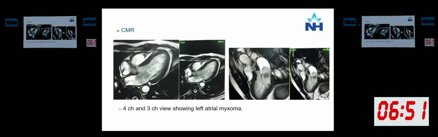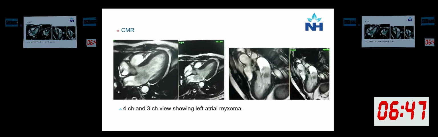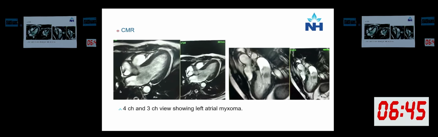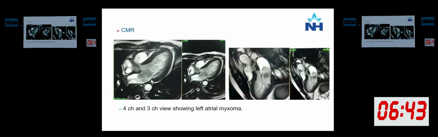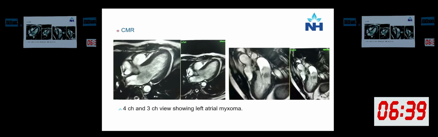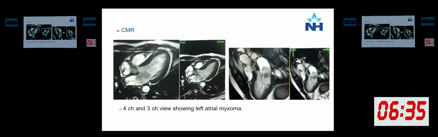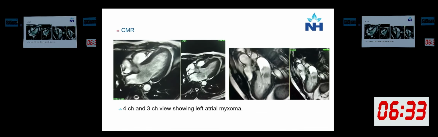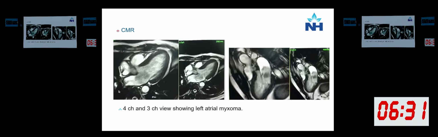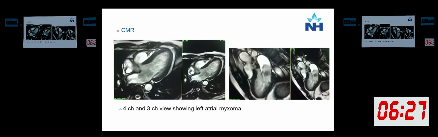The CMR also revealed pretty similar findings. It was a similar interatrial septal sessile mass, highly mobile and protruding into the LV through the mitral annulus during cardiac motion, on the four chamber view and also the three chamber view, with a similar appearance.